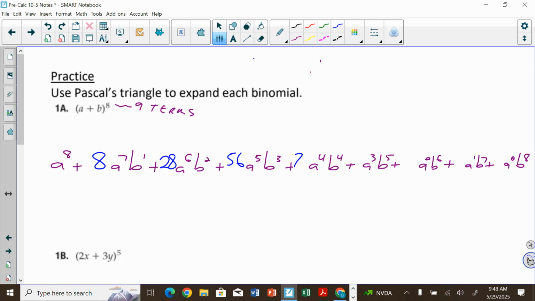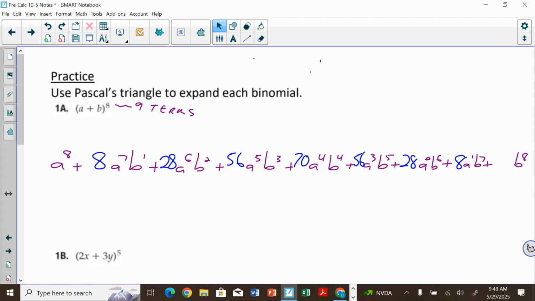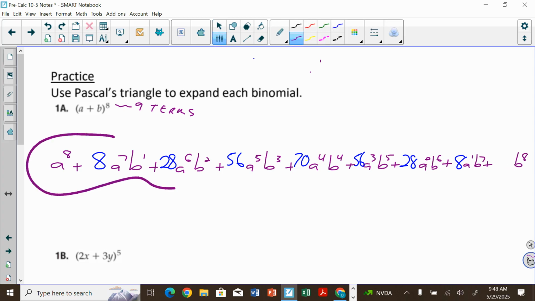Then we had 70, then we had 56 here, and then we had 28, back to 8, and then finally back to 1, which I don't even need. I can probably get rid of that a^0 as well. And there you have it. That is our expansion when it's an a plus b.